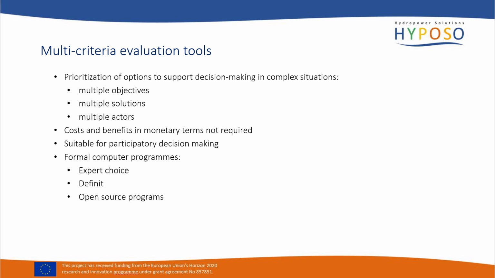Another tool that can be used is multi-criteria analysis. And this is useful, for example, when there is assessment of different alternatives, to compare those alternatives based on specific objectives that want to be achieved, that then are considered as criteria.